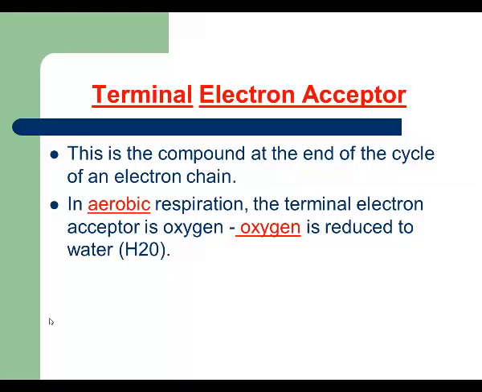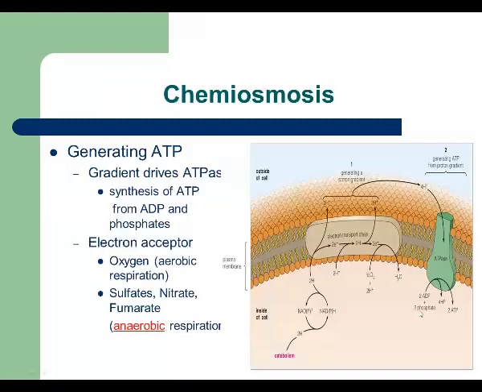For aerobic cells, the terminal electron acceptor is always oxygen. So oxygen picks up electrons at the end of the chain and then will be reduced into water. So the terminal electron acceptor for aerobic microorganisms is oxygen.